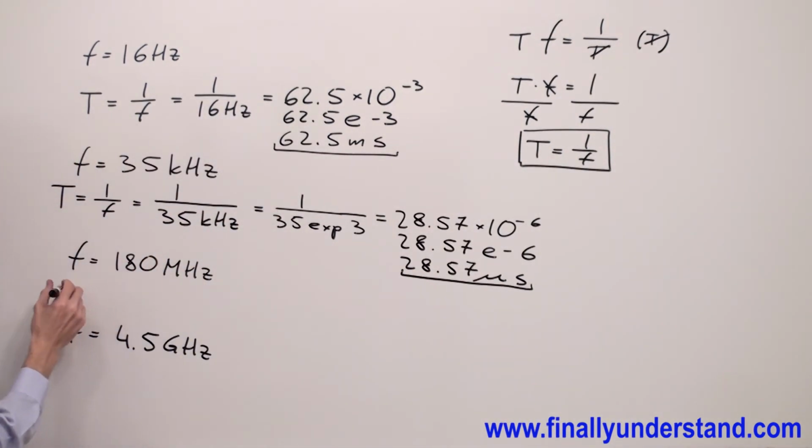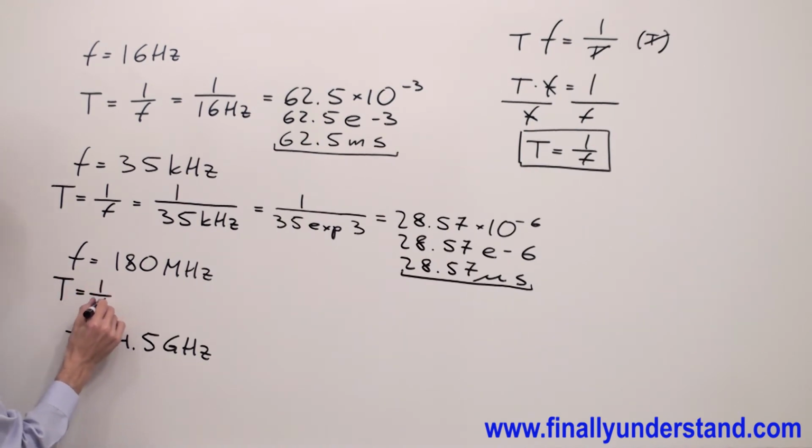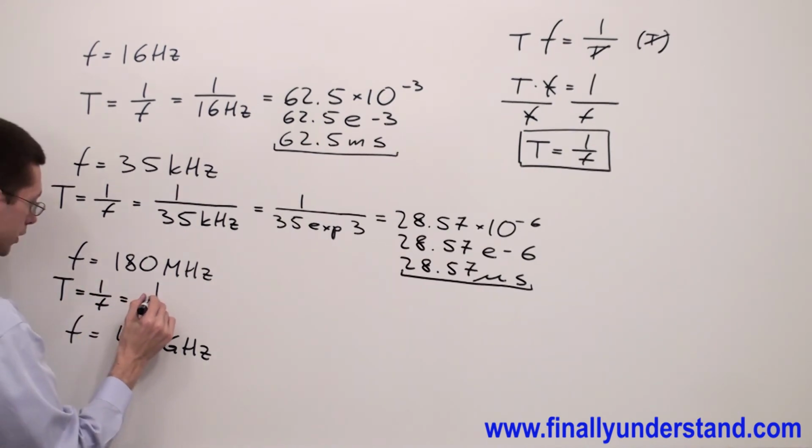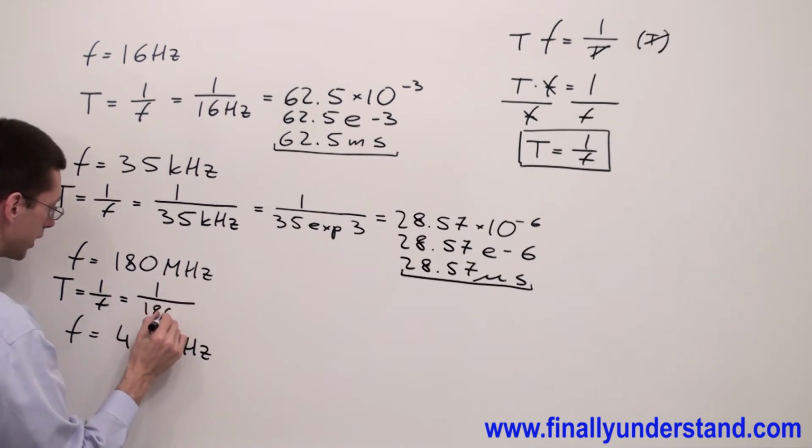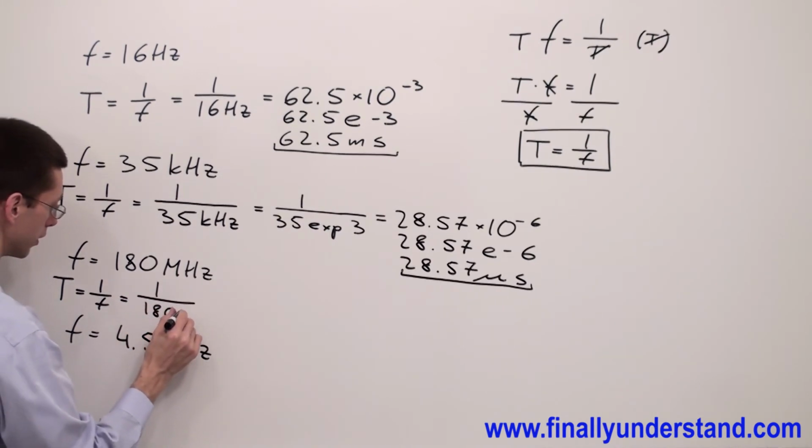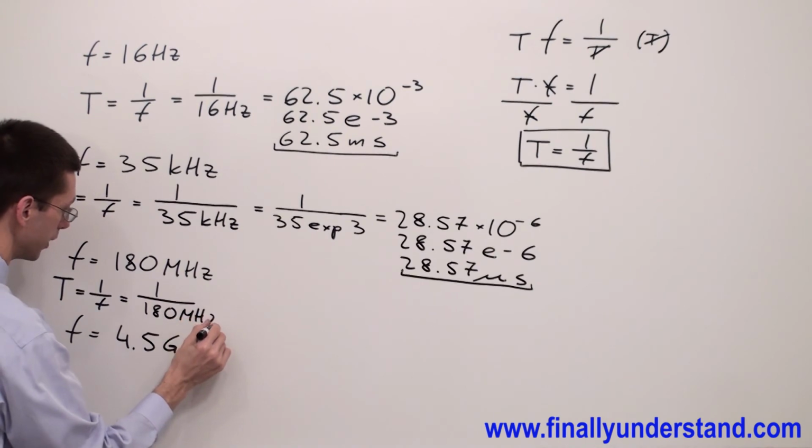Let's take a look at this one. T is equal to 1 over f. 1 divided by 180 megahertz.